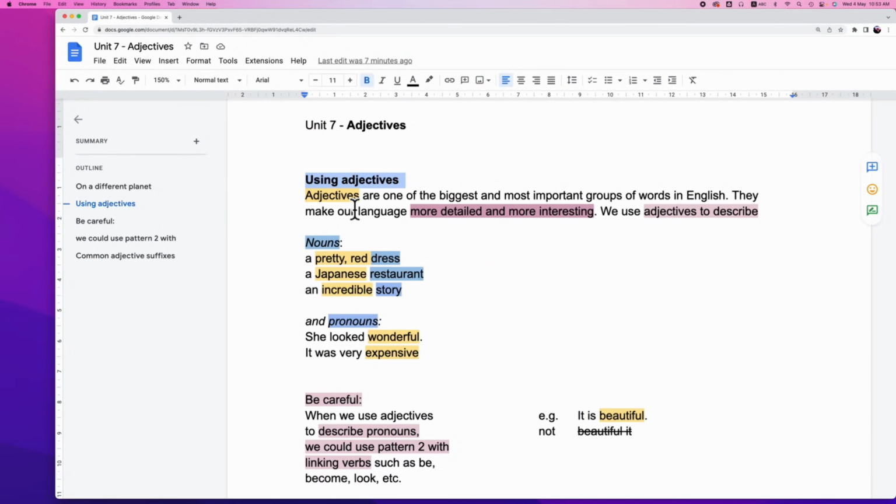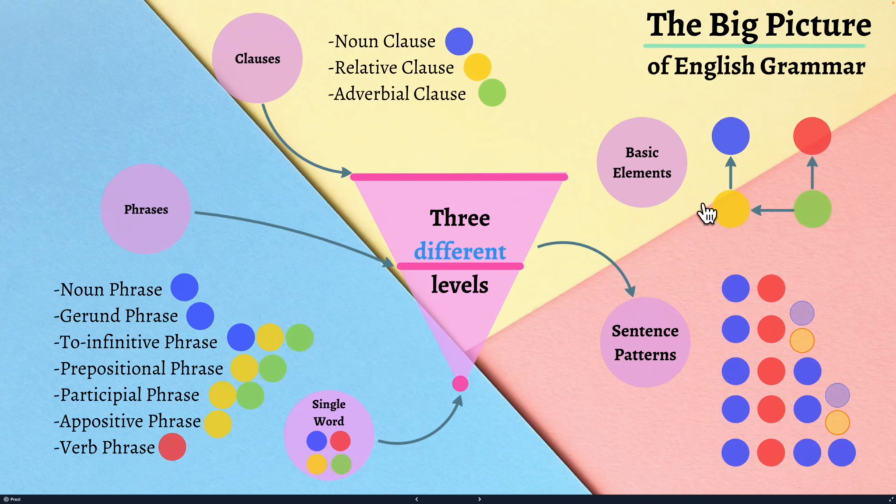Using adjectives. Adjectives are one of the biggest and most important groups of words in English. As you can see, adjectives colored yellow can be a single word, a phrase, or a full sentence.